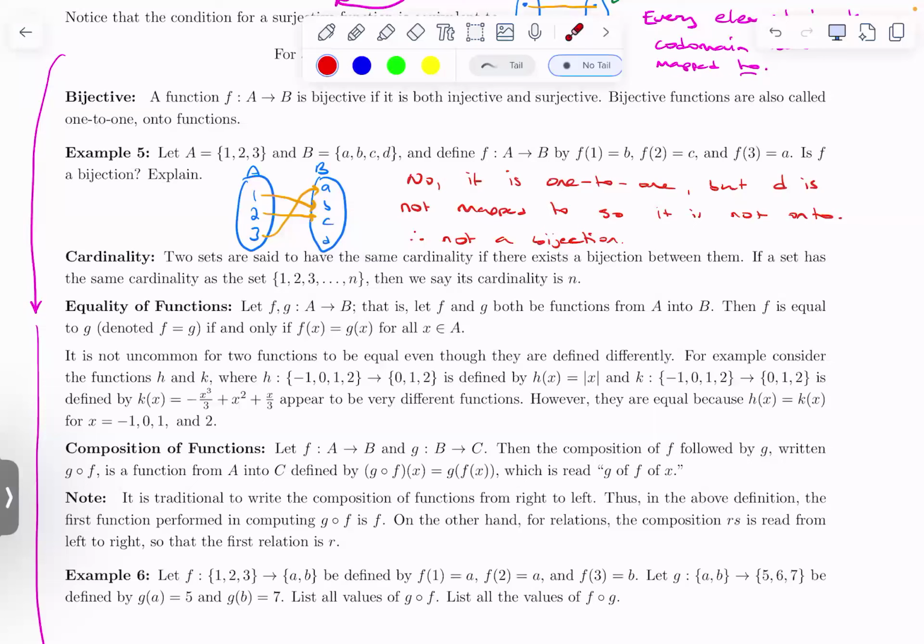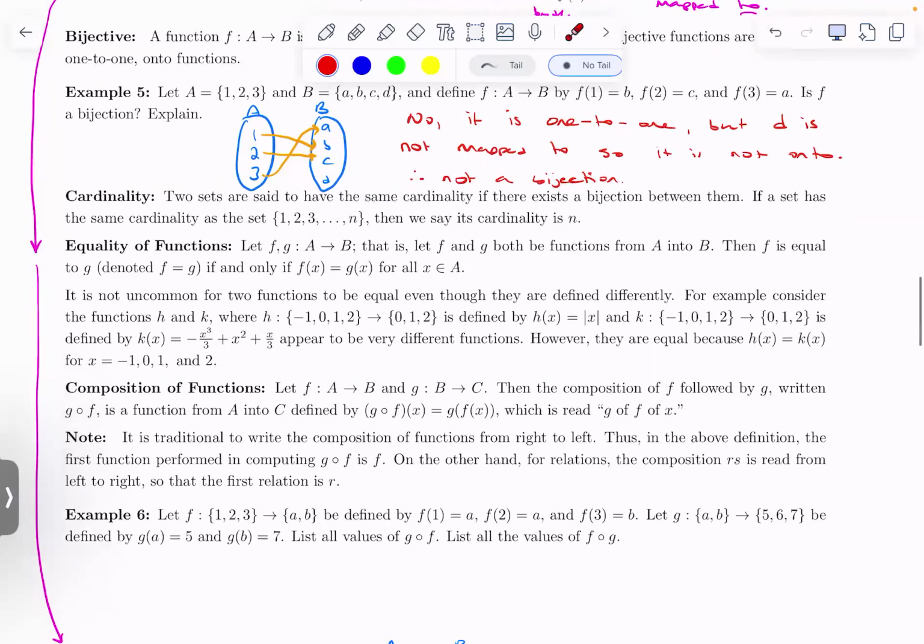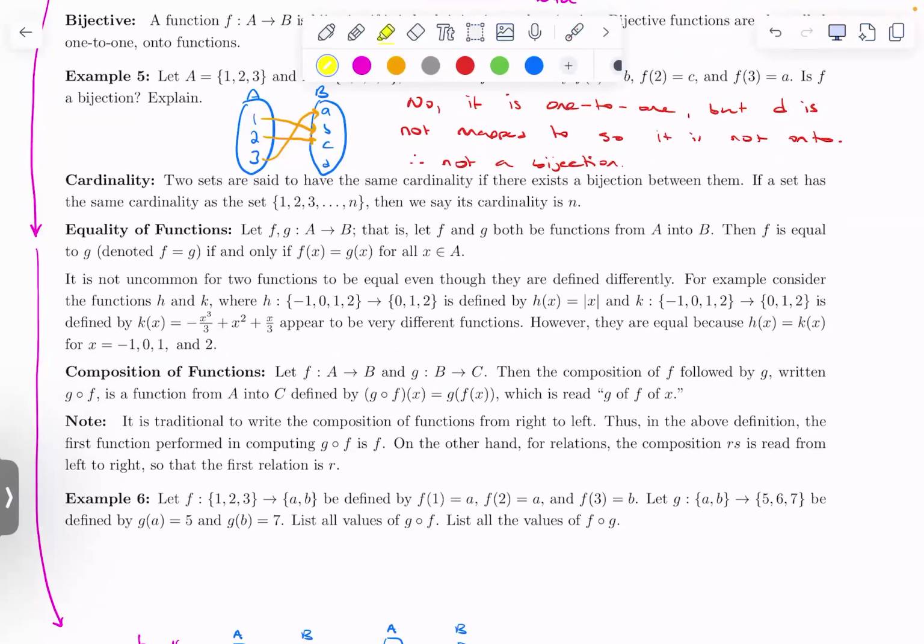Two functions are equal if and only if, and you've got this already, right? If I asked you just to think about what it means for two functions to be equal, you would probably say something like, if I give it the same input, I should get the same output, then they're equal, right?